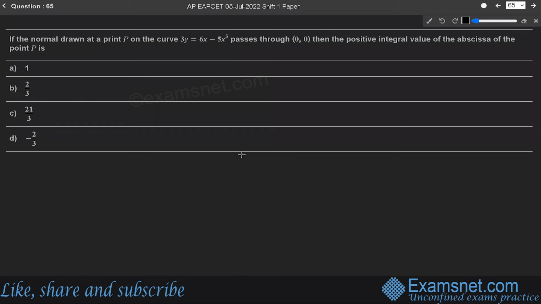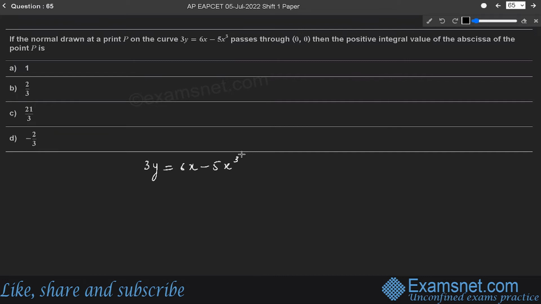Next question is, if the normal drawn at a point P on the curve 3y is equal to 6x minus 5x cube passes through 0, 0, then the positive integral value of the abscissa of the point P is.